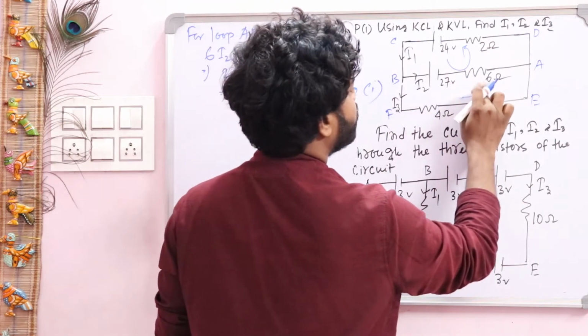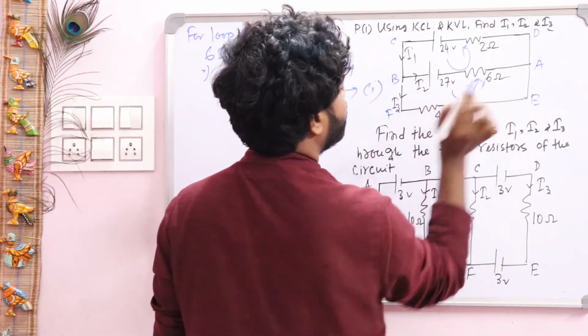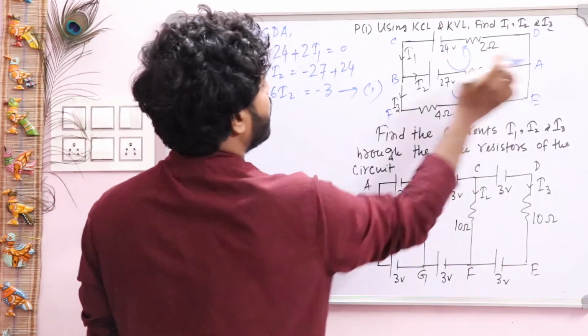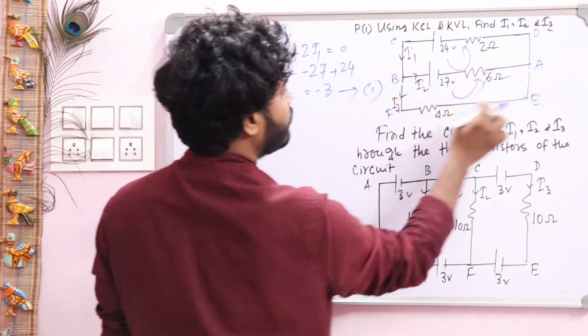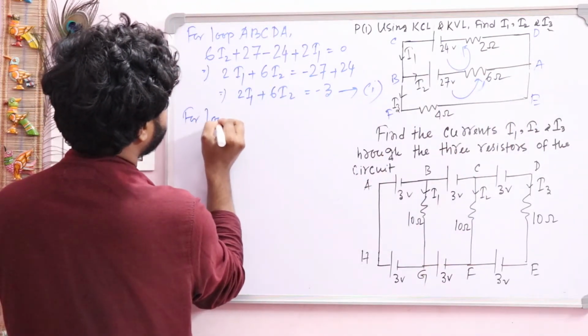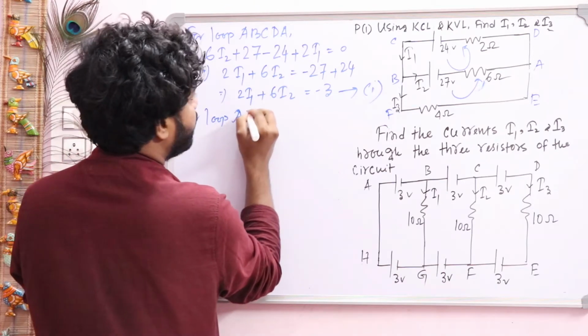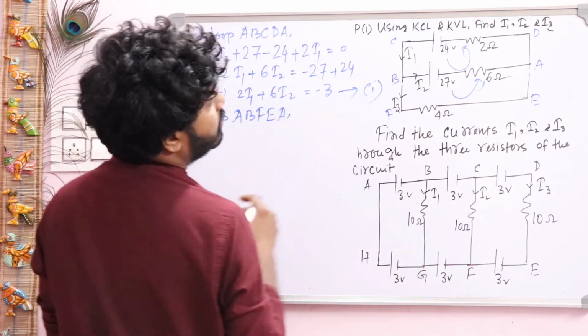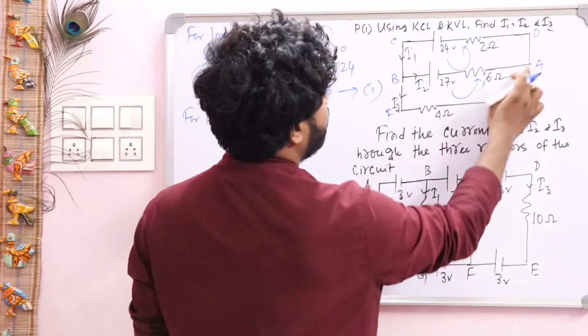Okay, you just consider same way, so write it from A to A, B, F, E, A. So for loop A, B, F, E, A, now you write the equation A to B.